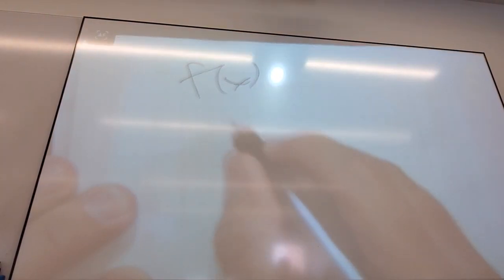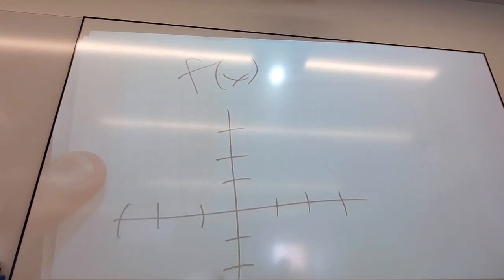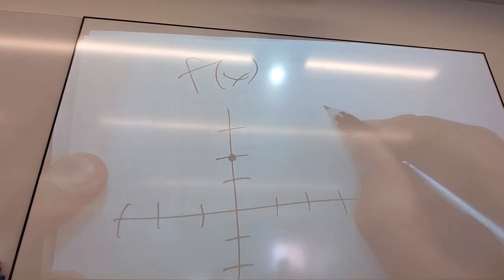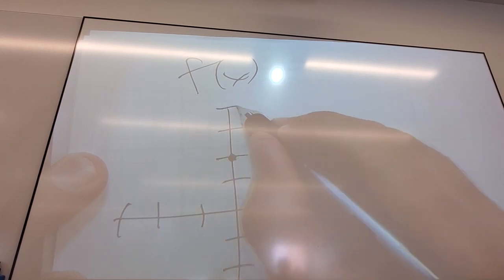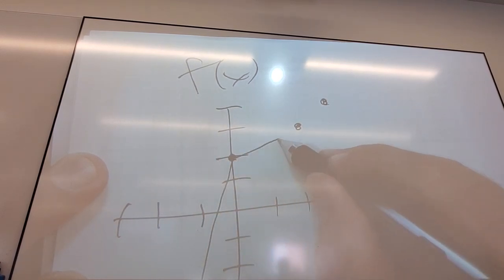So if I had a graph that looked like this, let's say this is f of x. I think I tried to do this yesterday and made a horrible attempt. Okay, so here, hold on, I don't know if you can see this.